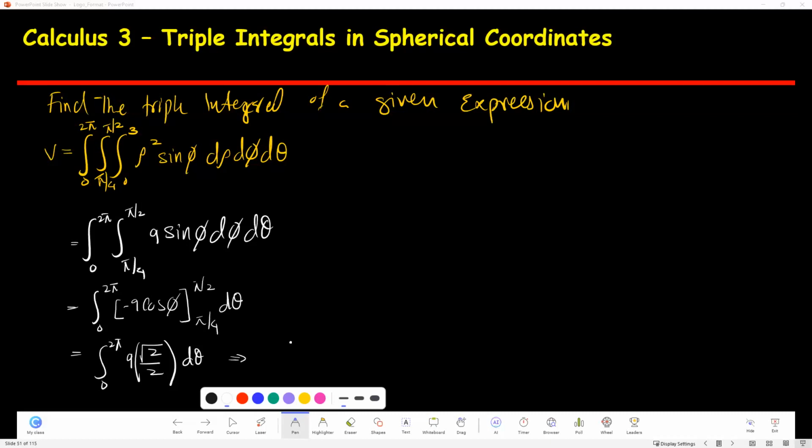So the integral of this one is going to be 18 pi, and square root 2 over 2. Can I simplify this? Maybe a little bit, not much. So it's going to be volume equals 9 pi square root 2.